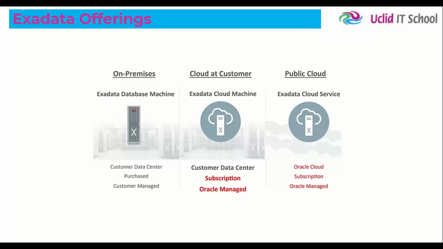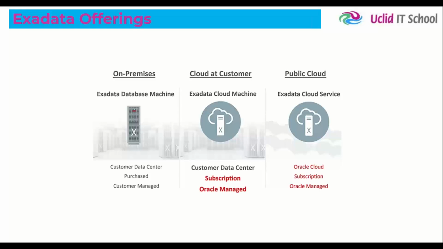Cloud has 2 types of offerings, cloud at customer and Oracle public cloud. What is the difference? Cloud at customer means the Exadata box is installed in your data center, but Oracle manages it. It is a subscription model only. Only thing is, instead of installing in the Oracle cloud data center, it is installed in the customer data center.